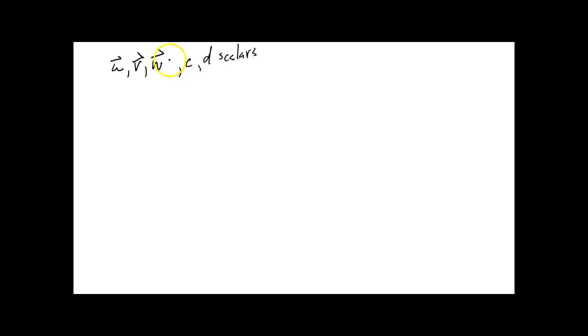Okay, these are vectors, and those two are your scalars. Okay. First property. Whole passel of them here. u plus v is a vector in the plane.